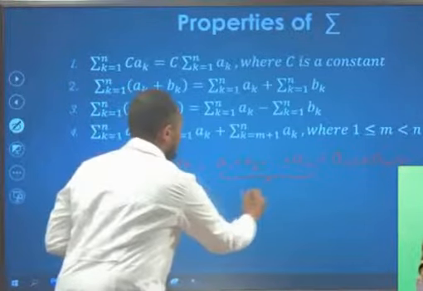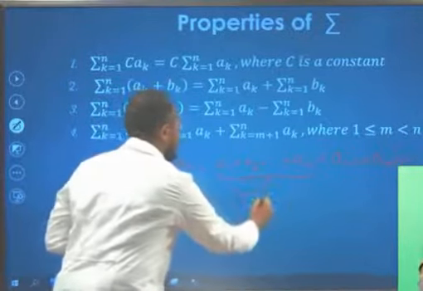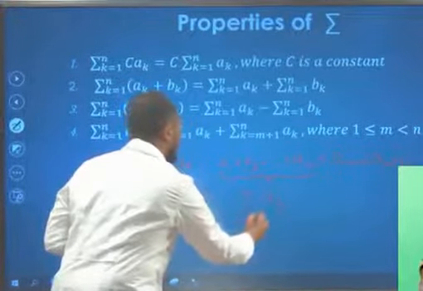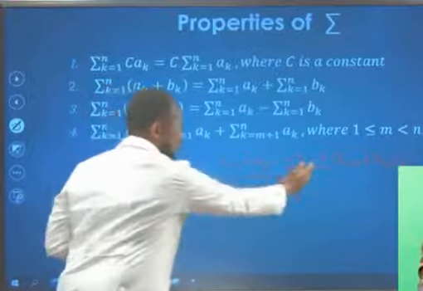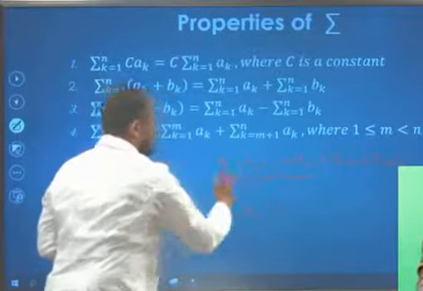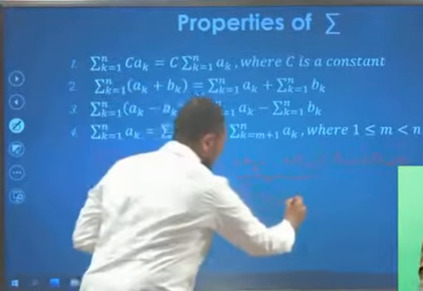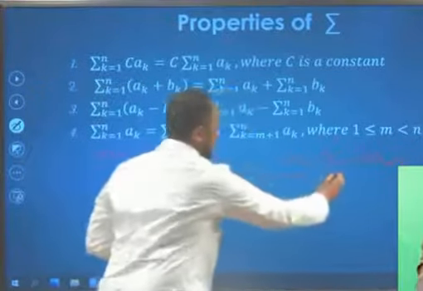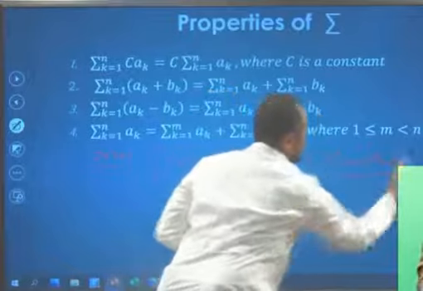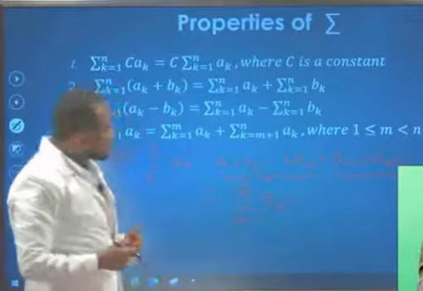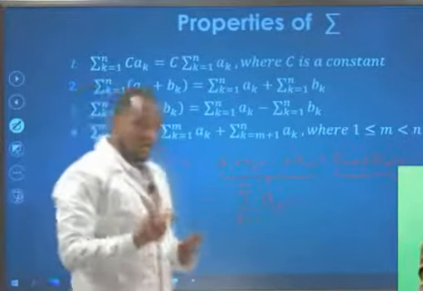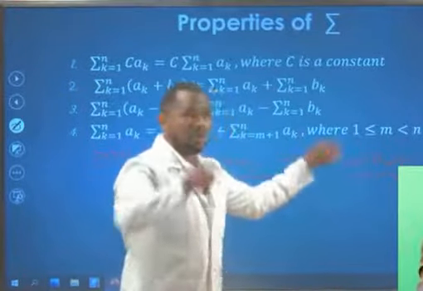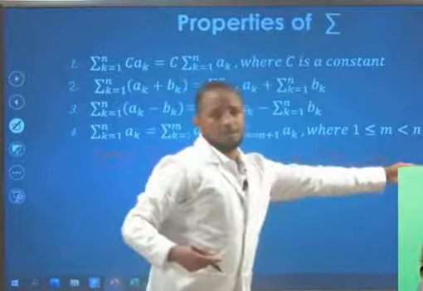That is the summation of AK from 1 up to m, it's m's term. Plus this other part, which is also the summation of AK where K starts from m plus 1's term to the n's term.